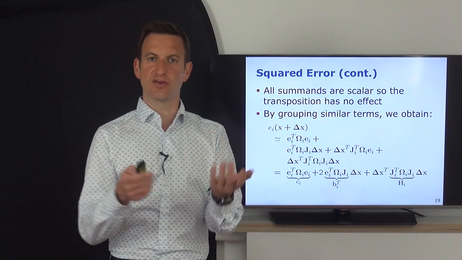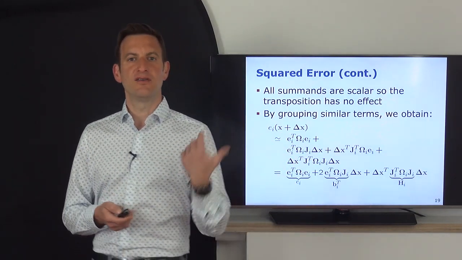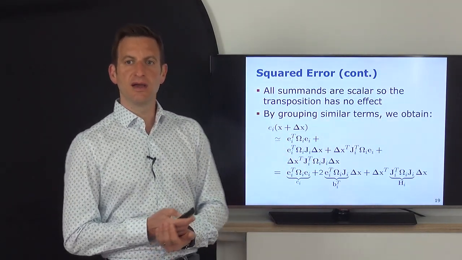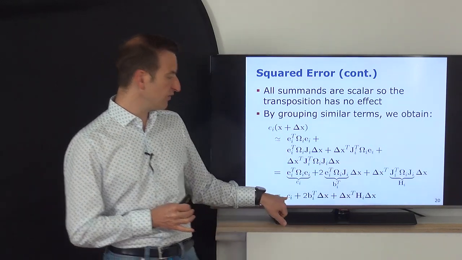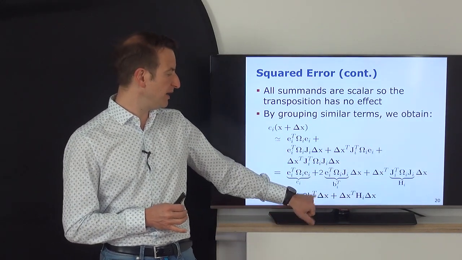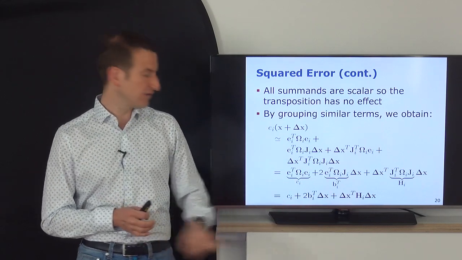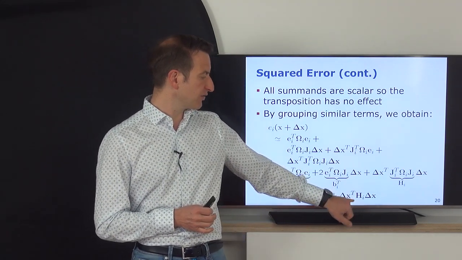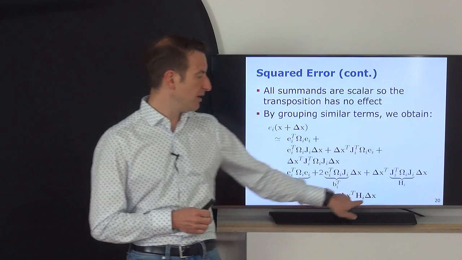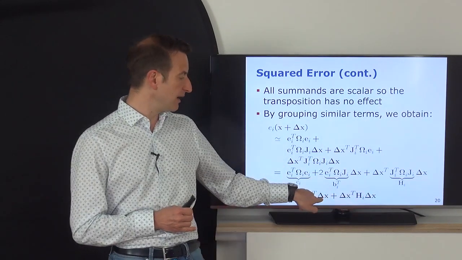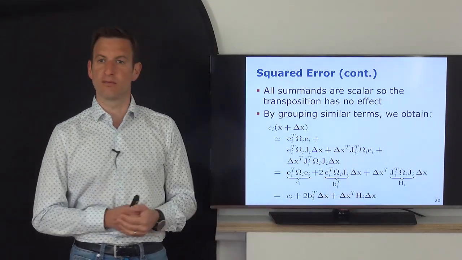So what I then can do is I can just rewrite it using my c, b, and h, and then the final equation looks like it's ci plus 2 times bi transposed times delta x plus delta x transposed Hi delta x. So my quadratic term over here, my linear term over here, and my constant term over here.